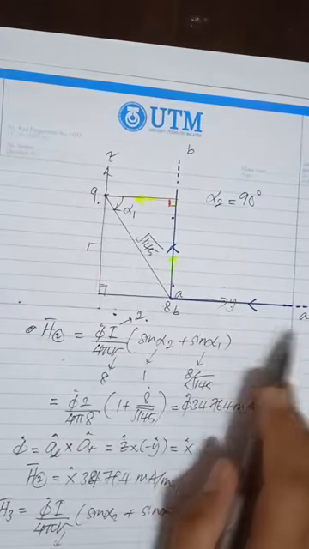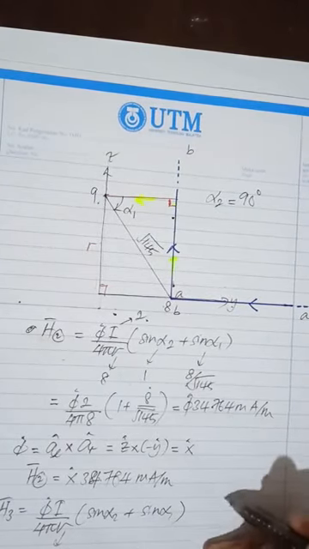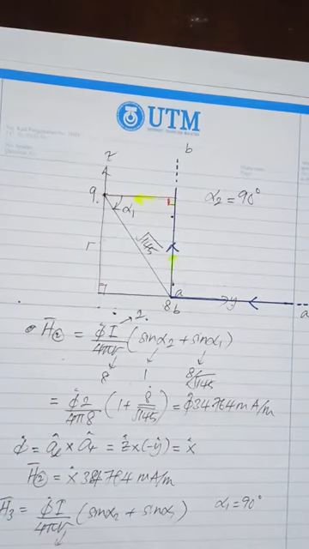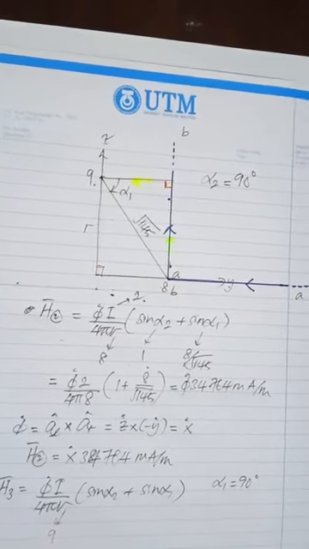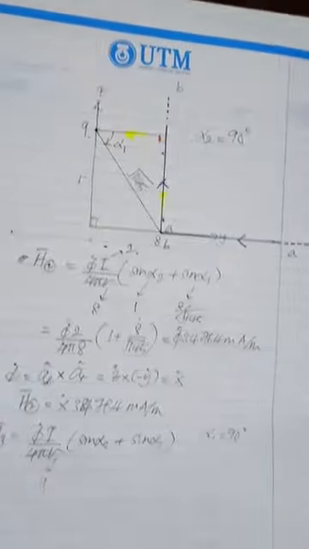So we can see that the alpha A, which belongs to alpha 1, will result in 90 degrees. Agree? Because the A point is actually very far from the point of interest.